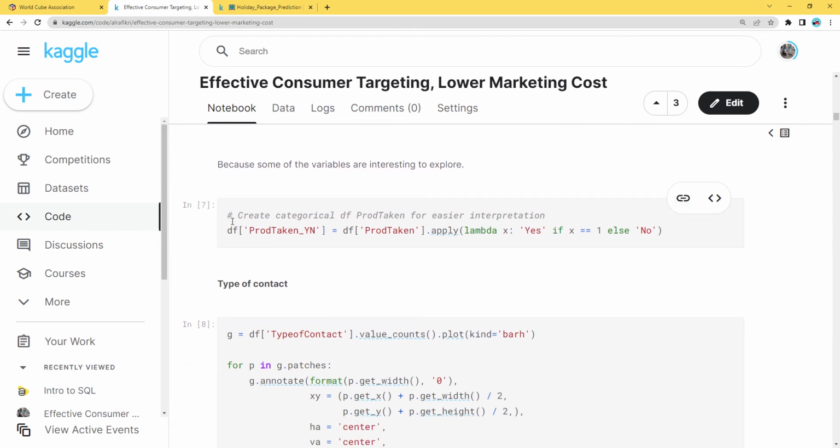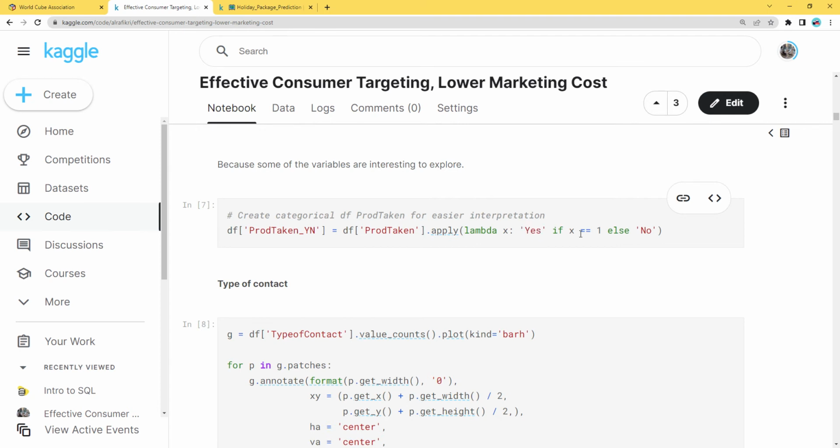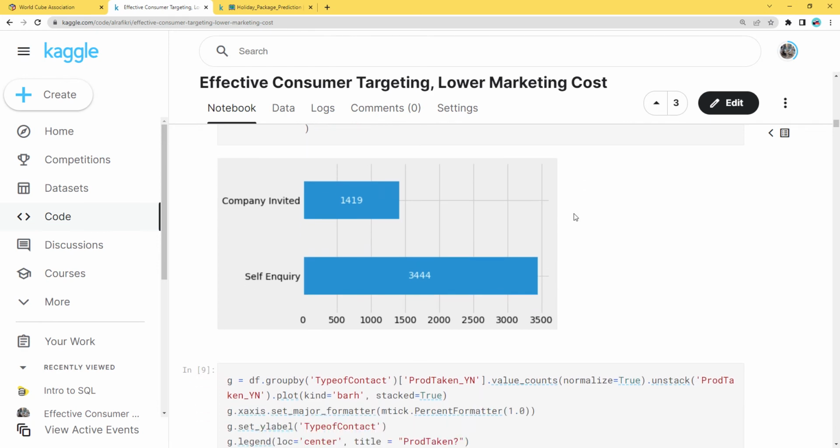Because the target variable is categorical, for this visualization I make it categorical: if the value is one, it's yes, else no. Here's the visualization.